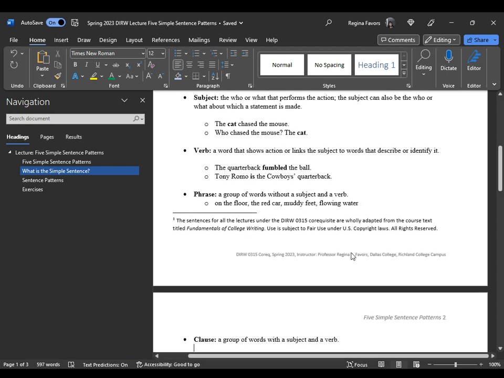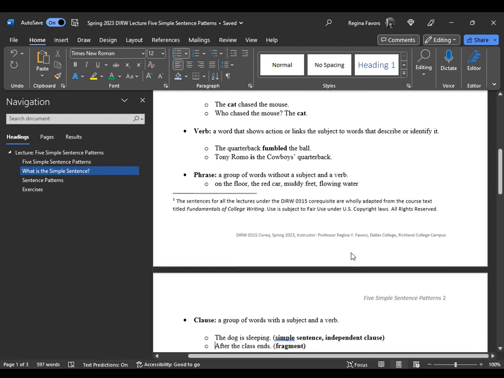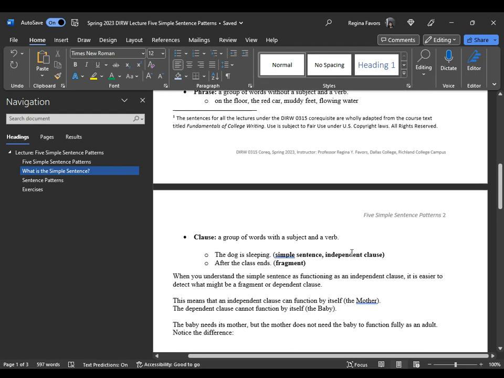Then we have phrases, a group of words without a subject and a verb. So on the floor, the red car, muddy feet, flowing water. And the last vocabulary term is clause, a group of words with a subject and a verb. This gets a little tricky because the dog is sleeping is considered a simple sentence, an independent clause. It's considered a clause.